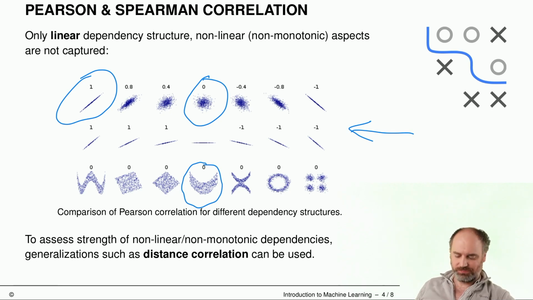Yeah, there's also some variants, stuff like distance correlation, which you could also use to measure nonlinear and non-monotonic dependencies, but that's a bit rarer and a bit more special. So I'm not going into the details here, but if you're interested, you can have a look at distance correlation techniques, or in a few minutes we'll also discuss mutual information as another viable alternative for measuring nonlinear dependence.